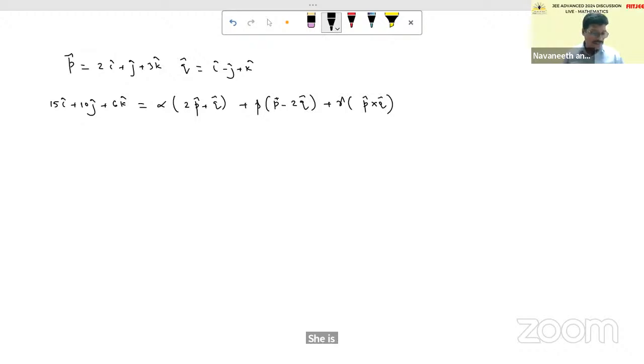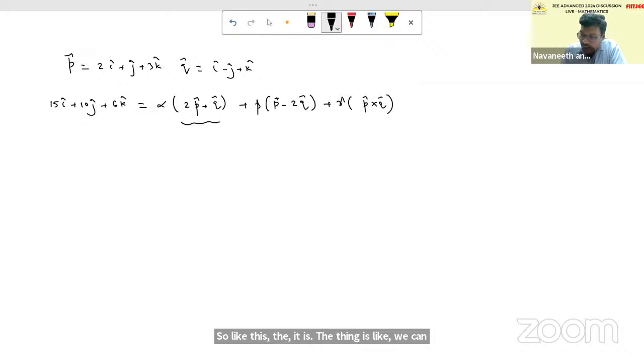We can directly substitute the P and Q values, but here we need to evaluate P cross Q. Let us quickly evaluate P cross Q.